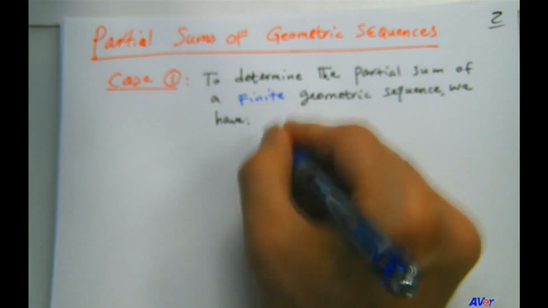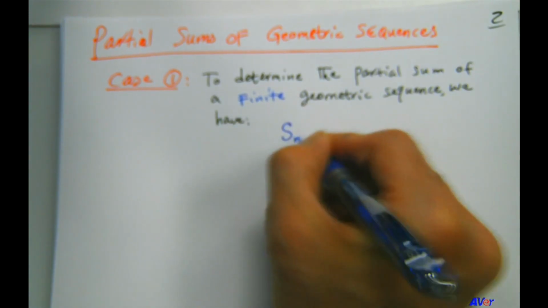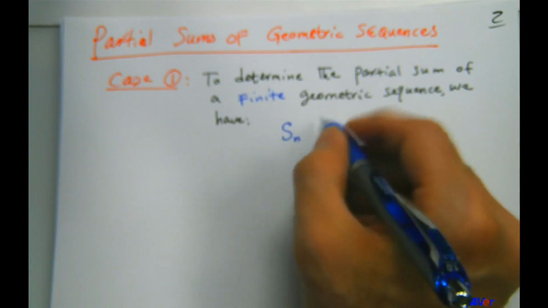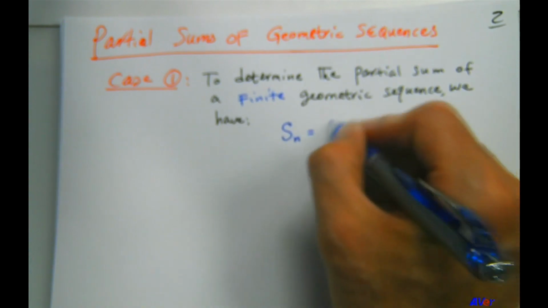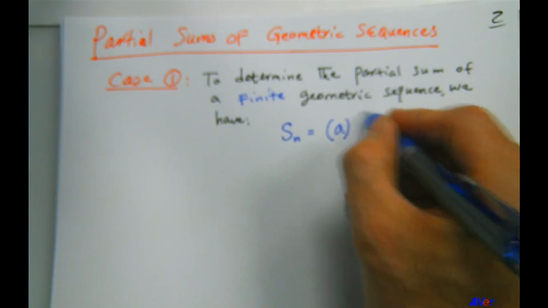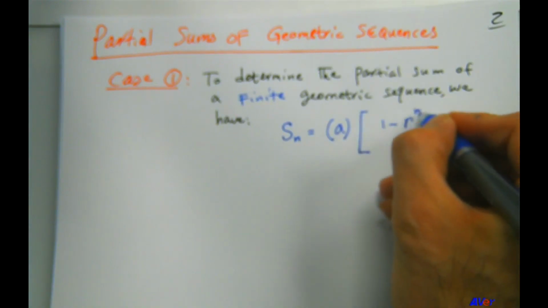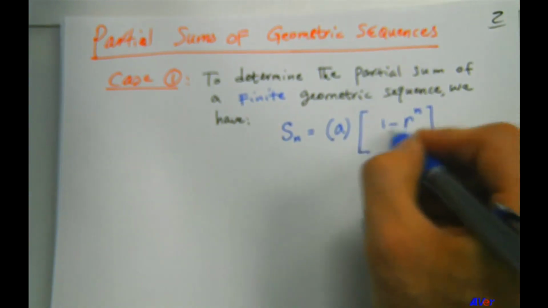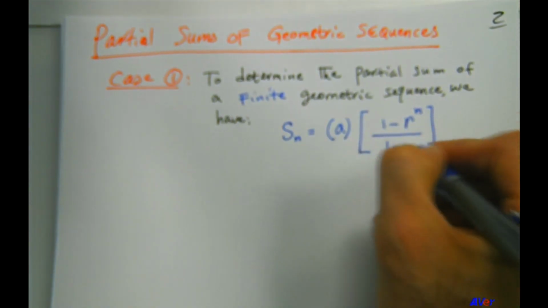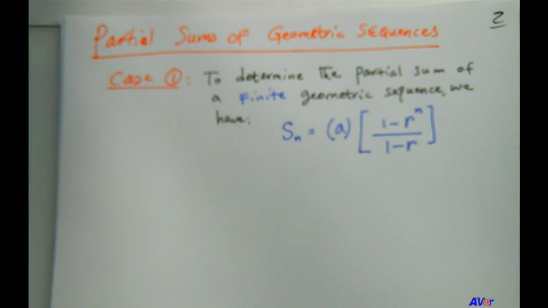We have S sub n, that's the partial sum, is equal to A times 1 minus r to the n power divided by 1 minus r. Okay.